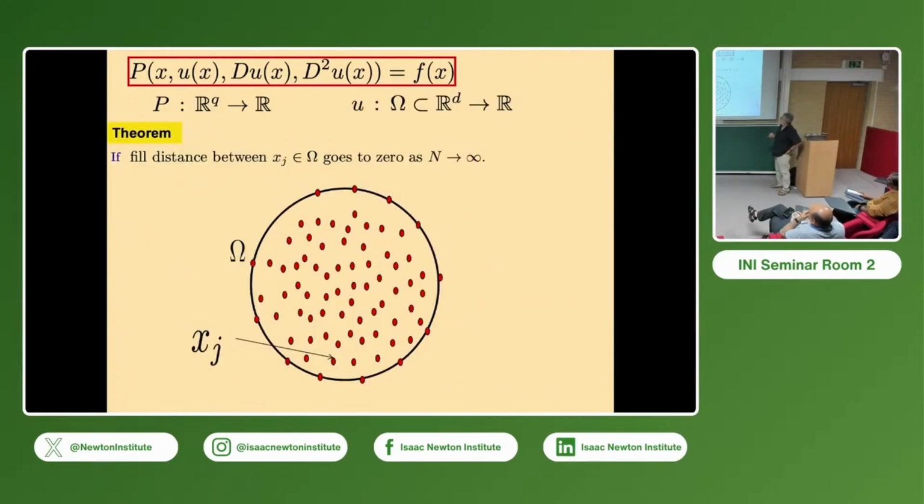Okay. Then we have the following theorem. If the fill distance between those collocation points goes to 0 in the physical domain of the PDE as their number n goes to infinity, so this is the mesh norm between your collocation points.